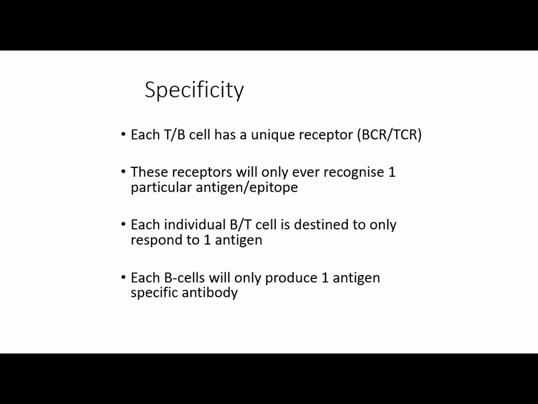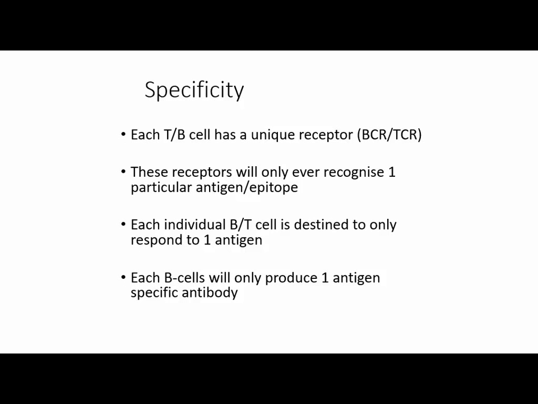Just again to get across that every T or B cell in your body has its own unique receptor. Okay? And each T cell with its own unique receptor will only ever recognize one epitope. Okay? It's not possible for a given T cell to recognize two different pathogens. It's impossible.